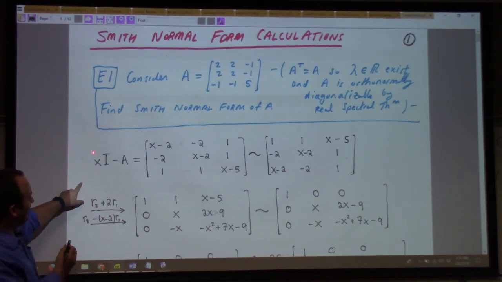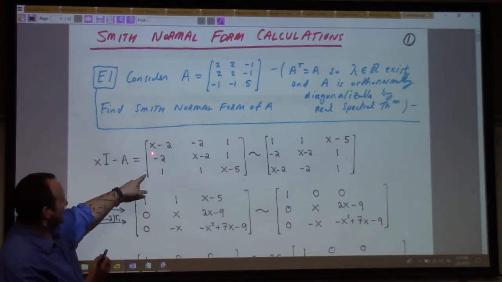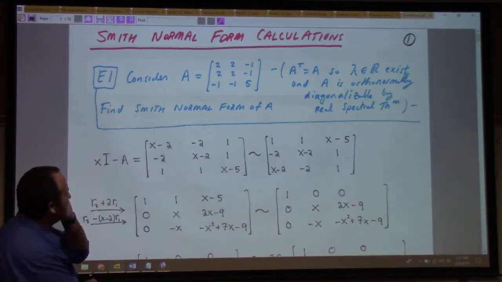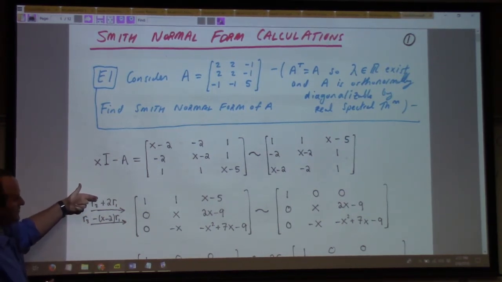Okay, so xI minus A is this, and then how did I get from here to here? What did I do? Right, I switched rows 1 and 3. That's a kind of a low-tech step. This one, what I did was row 1 plus 2 row 2, and this is interesting.